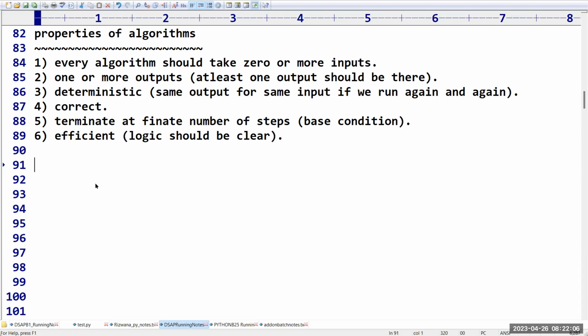For example, say I need to find the factorial of 5. For that program, do we need to supply any input? No, because I have given the input statically. So in such cases there is no input. But coming to the output, why do we write the program? To execute it and see what is happening. So in such cases, at least one output should be there. Getting the point?